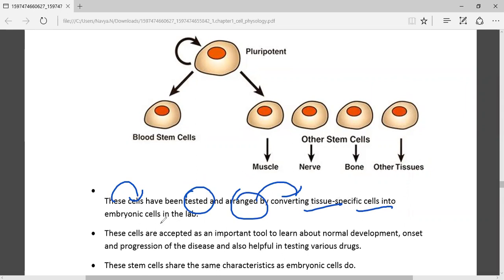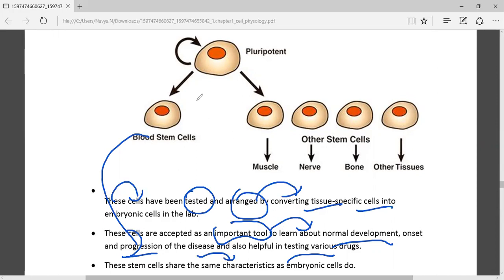This is accepted as a very important tool to learn about normal development, the onset and progression of disease, and it is also very helpful in testing various drugs. These cells also share some characteristics with embryonic cells.